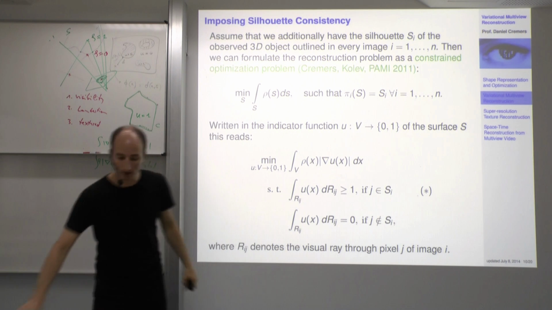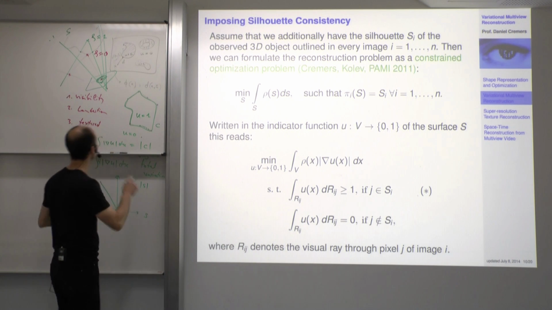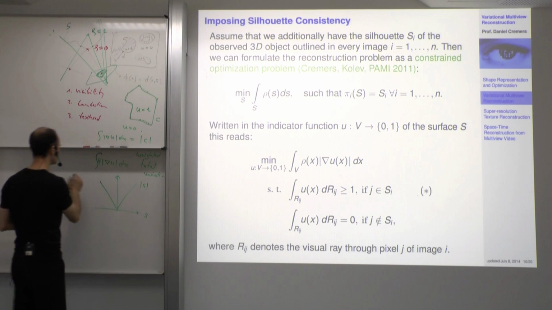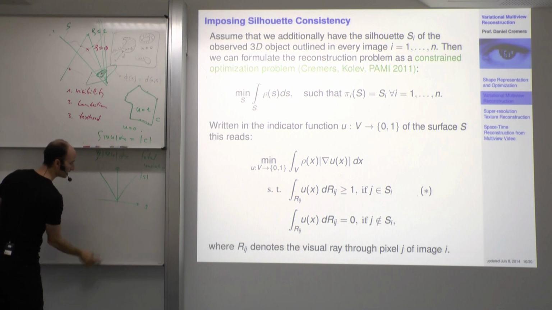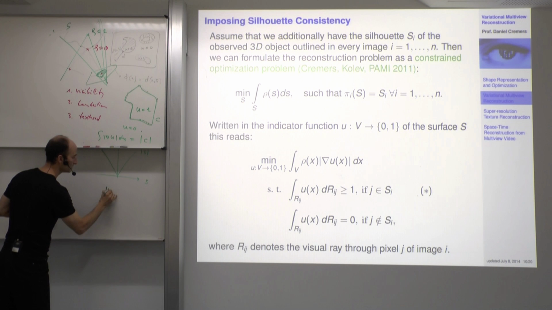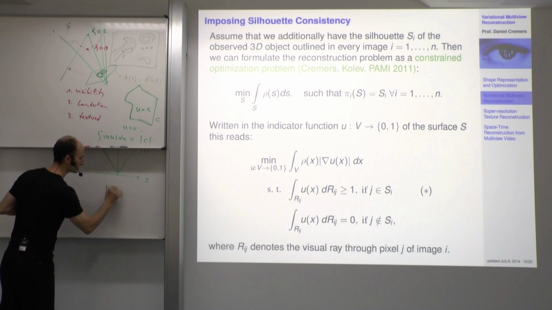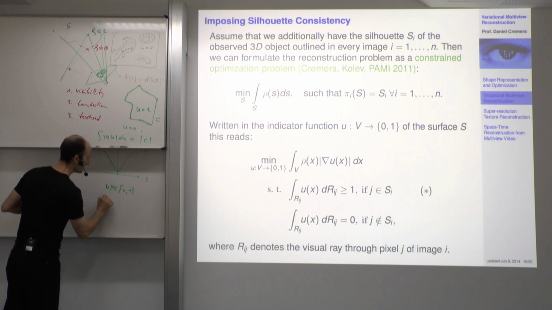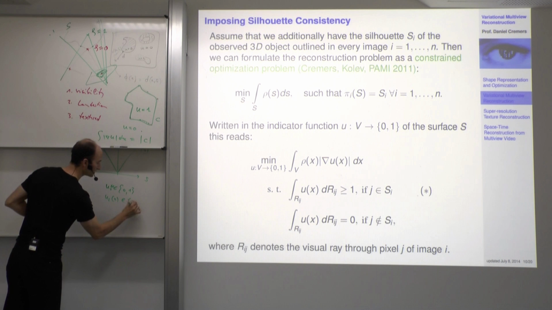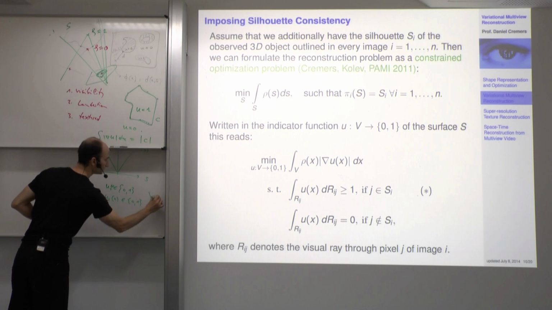The only thing that is not convex here is these indicator functions. Indicator functions are not a convex set, meaning if you take two indicator functions, functions that take values 0 or 1, u1 of x takes values 0 or 1 for all x, and u2 of x also takes values 0 or 1 for all x.